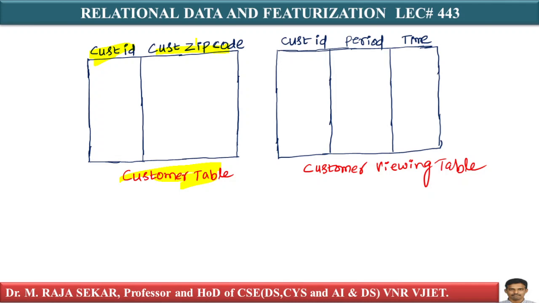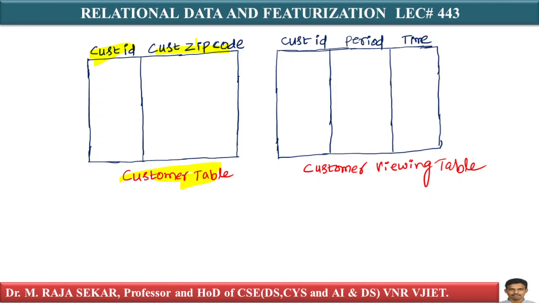This stores some information about the customer. Let's keep it simple: we just have two columns in this table which store some information about the customer.